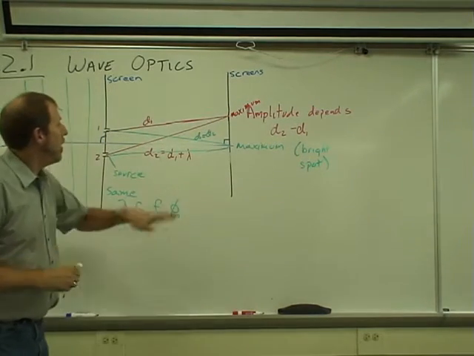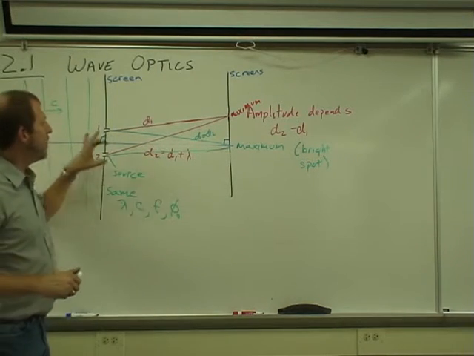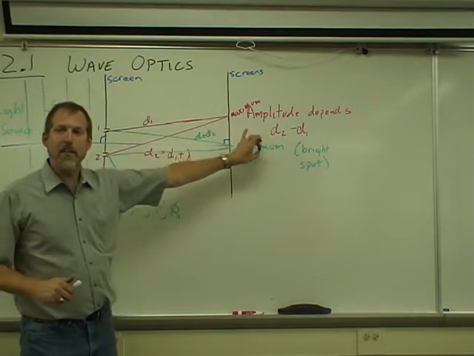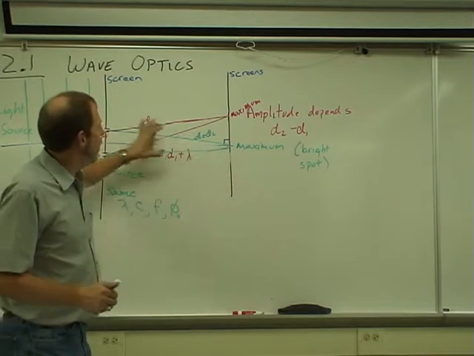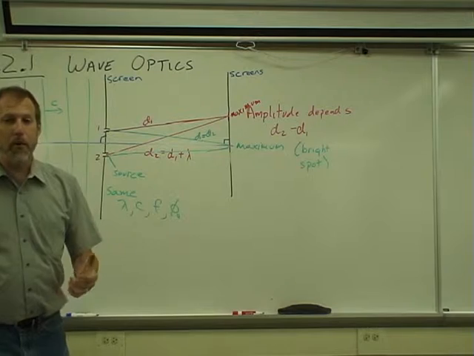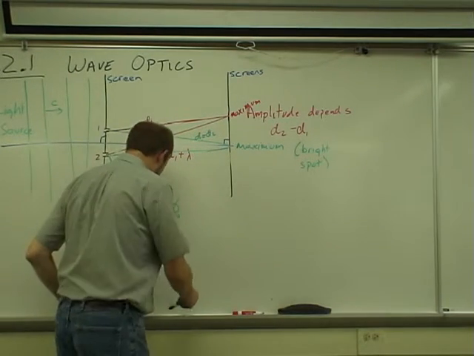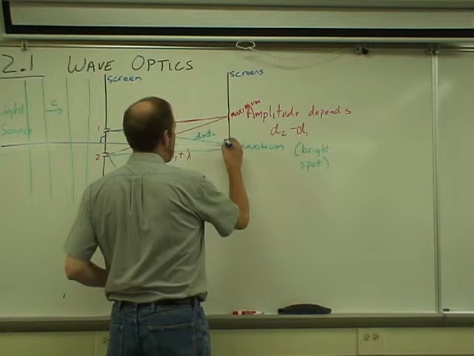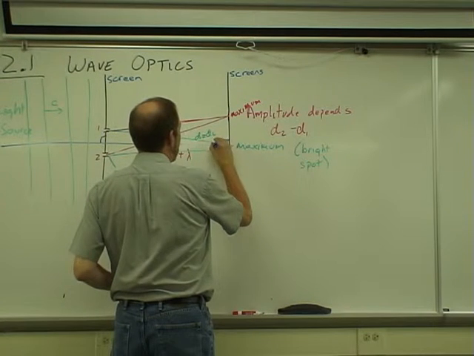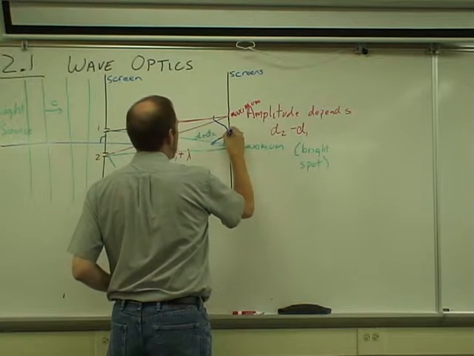So you're going to see a bright spot at the center because those two paths are exactly the same length. And at any point where those two paths are exactly an integer number of wavelengths apart, the waves will be in phase and you'll get a bright spot. So I get a bright spot here and a bright spot here.